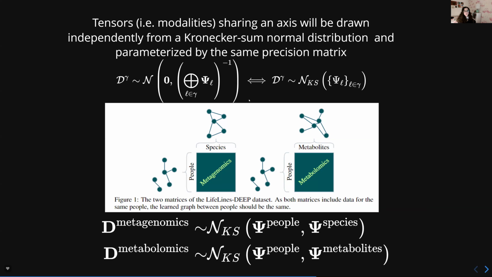So we work with tensors, sharing an axis that will be drawn from a Kronecker sum of normal distributions.